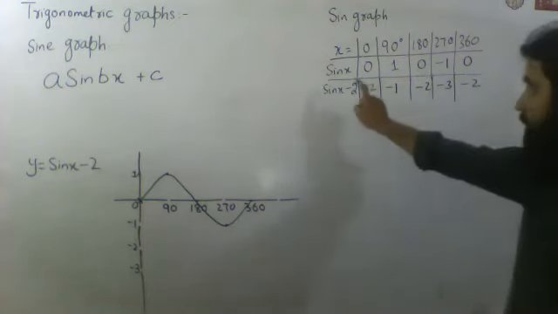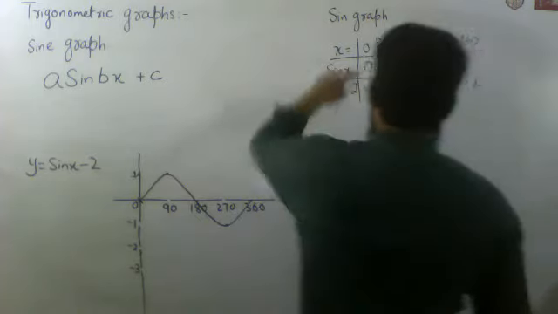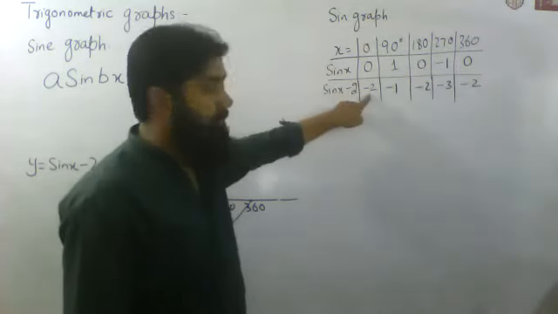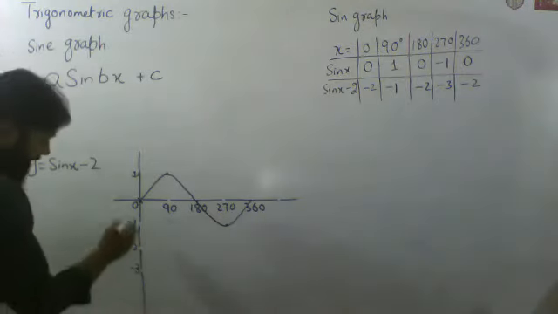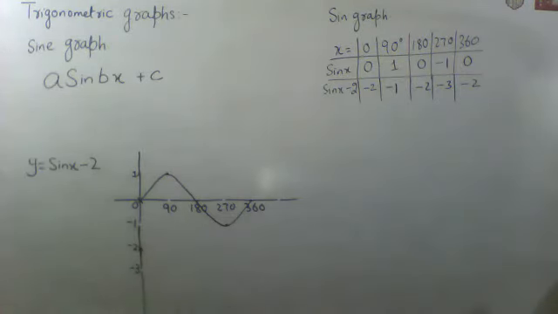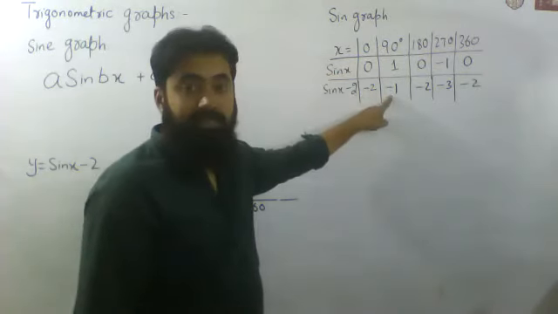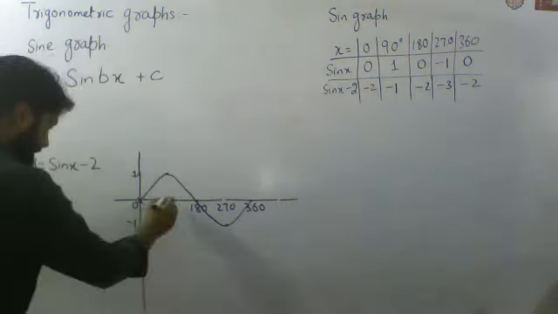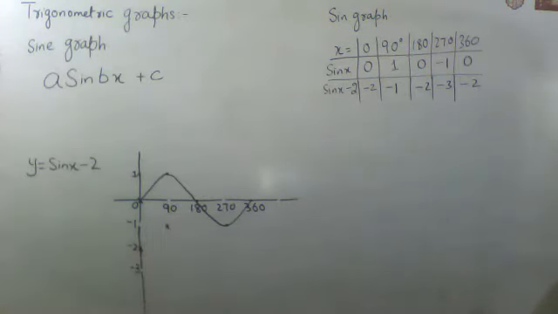Now I'm going to plot this graph. Okay. See, at x equals 0, my value is now coming -2. At 90, the value is coming -1.